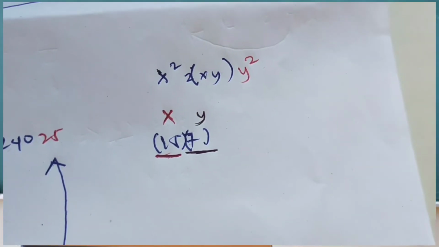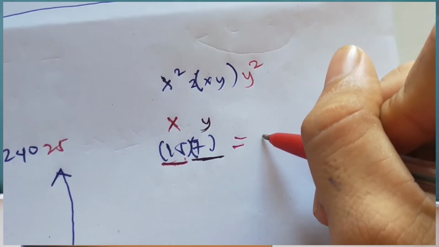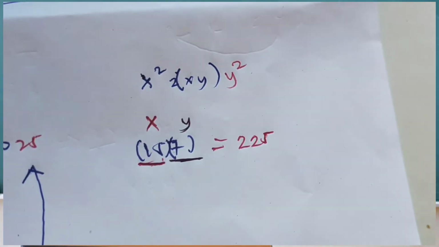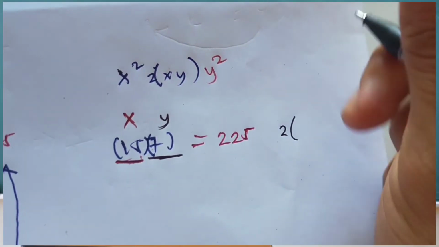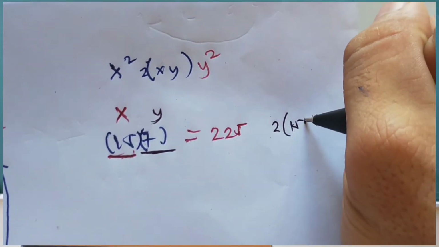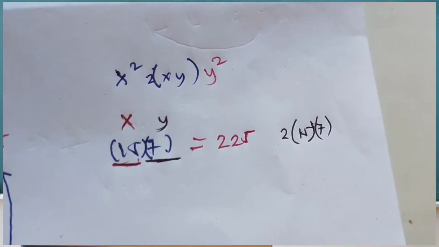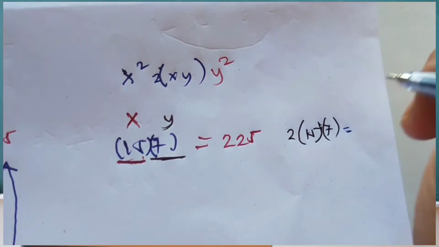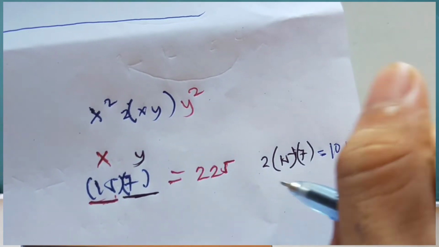So following the formula, 15 will be squared. So 225. And then we have 2xy. So 2xy, that will be 2 times 15 times 7. So 15 times 7 is equal to 105. 105 times 2.